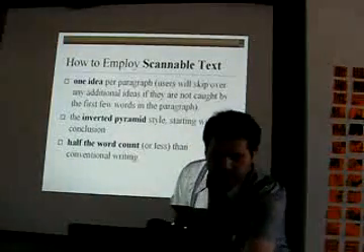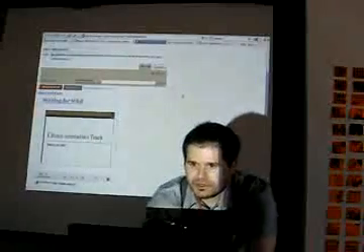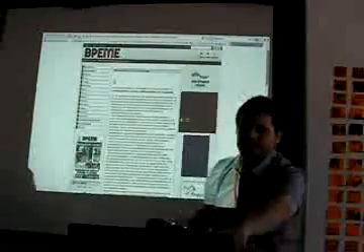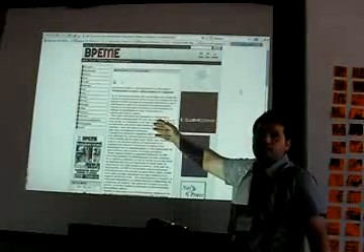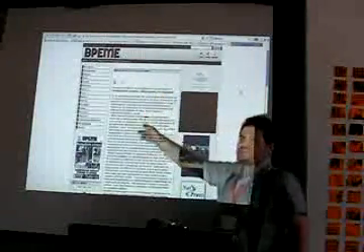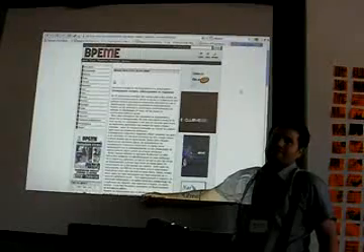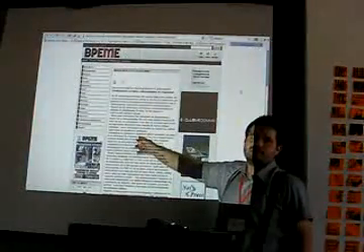I'm going to show you something. So this is a Macedonian online newspaper. It's not really online, it's just an extension of the printed version of the newspaper. I'm not going to read this. There are no paragraphs, there are no highlighted words.